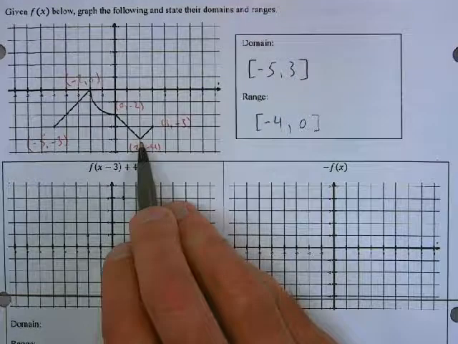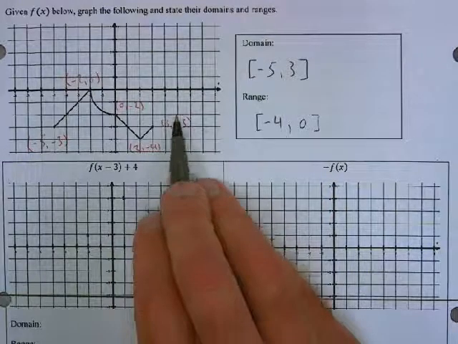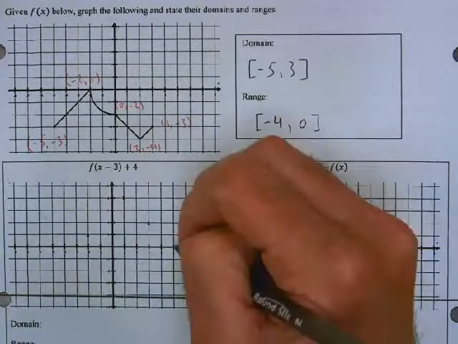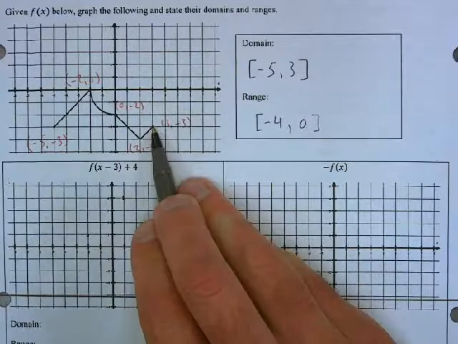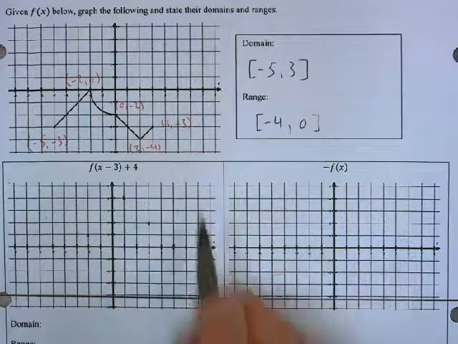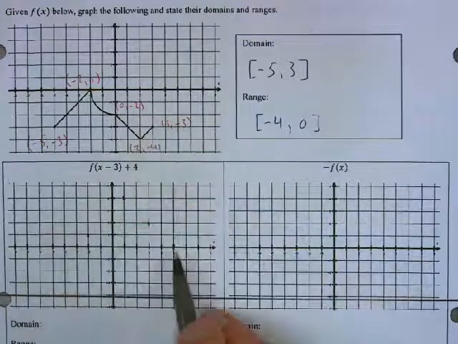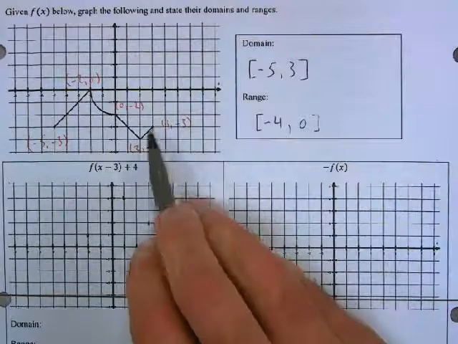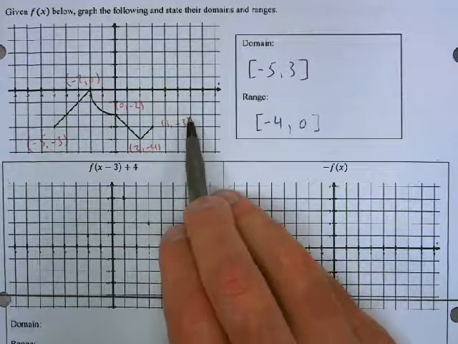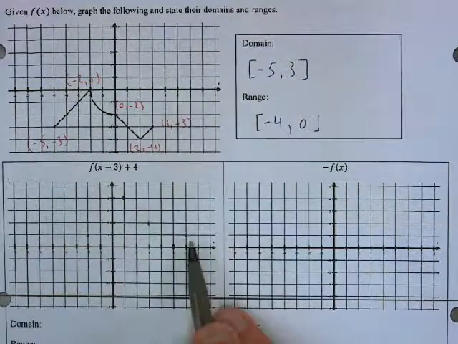This one down here, right 3, up 4, is going to put us at 5, comma 0. And finally, this last point is up 1, over 1 from that one. Or you can take this, move it right 3, up 4, 6, comma 1, which is where we're at.